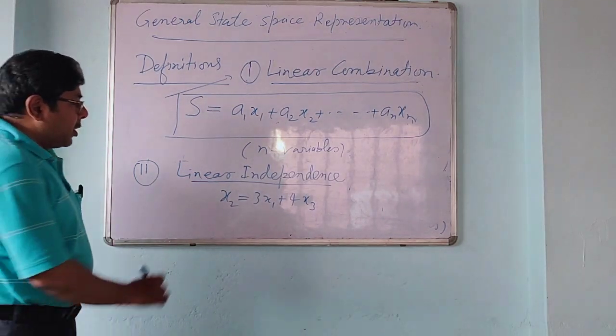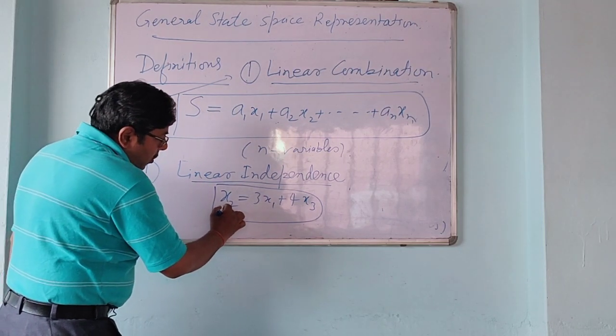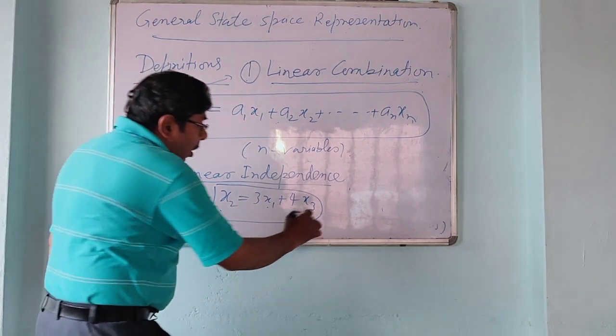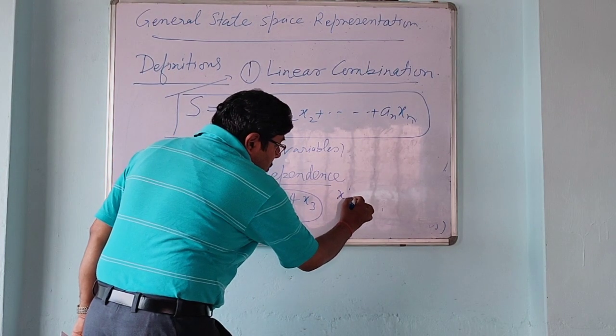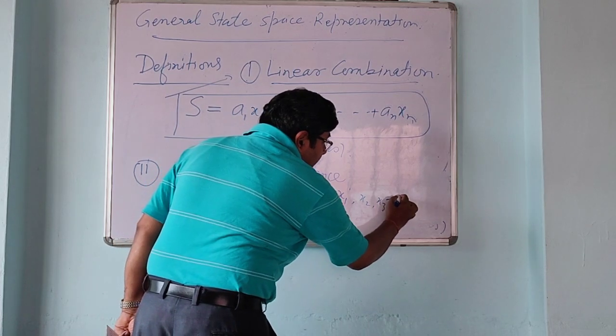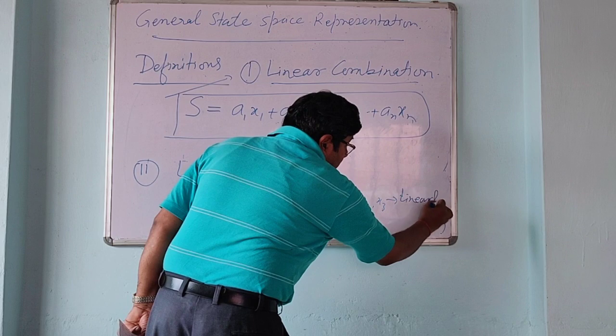This is an expression which is relating three quantities, x1, x2 and x3. Now all these three quantities x1, x2, x3 are linearly dependent.